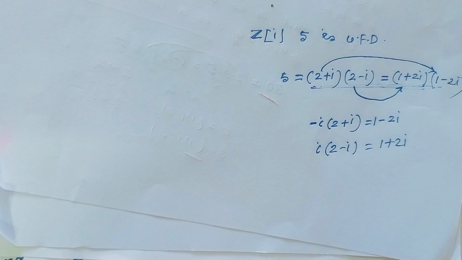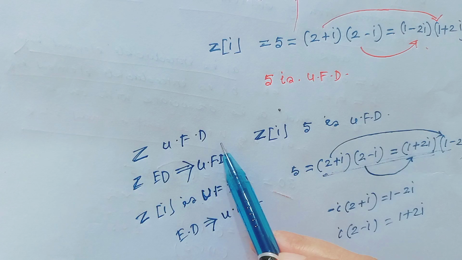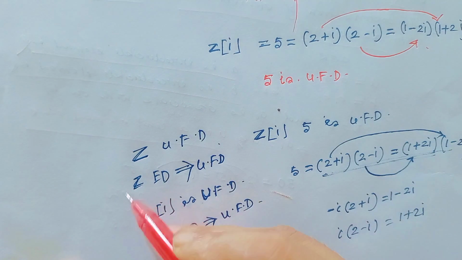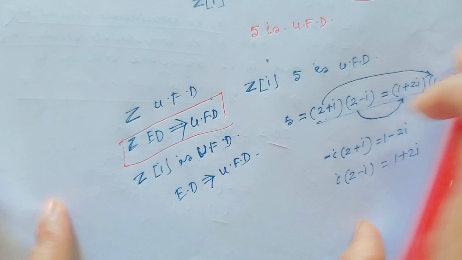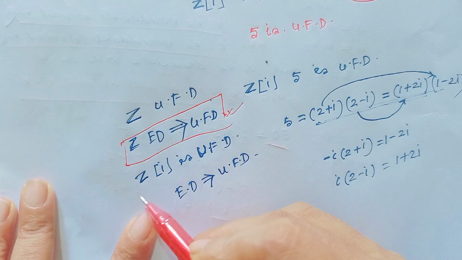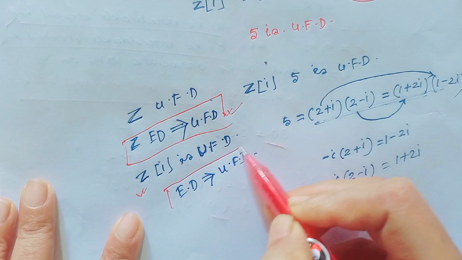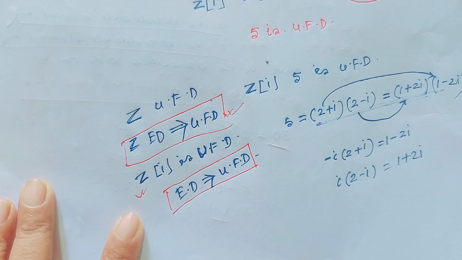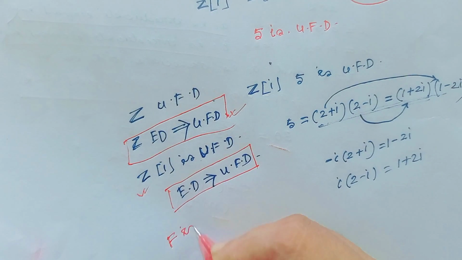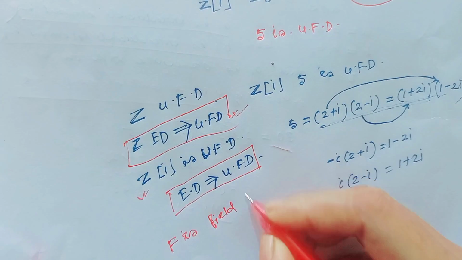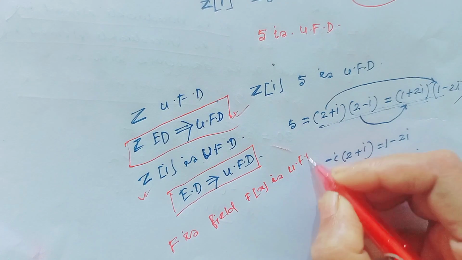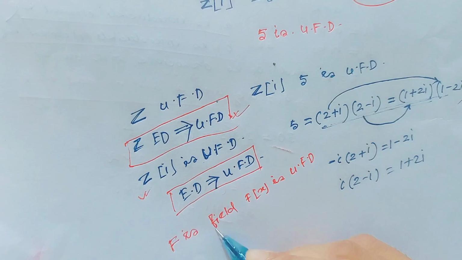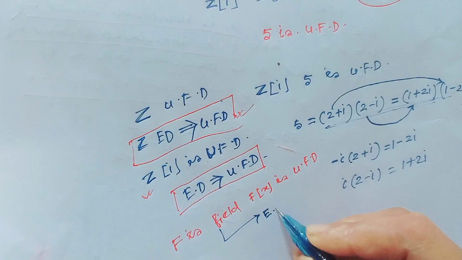Z is a U.F.D because Z is a Euclidean domain, and Euclidean domain always implies P.I.D, P.I.D implies U.F.D. Since Z is a Euclidean domain, Z is U.F.D. Similarly, Z[i] is also a Euclidean domain, so it is a U.F.D. Similarly, if F is a field, then the polynomial ring F[x] is also a U.F.D, because F[x] is always a Euclidean domain.